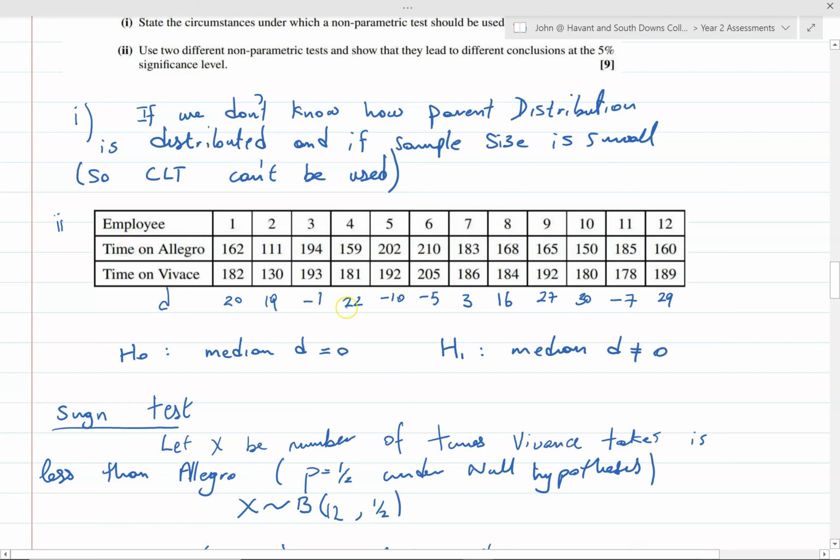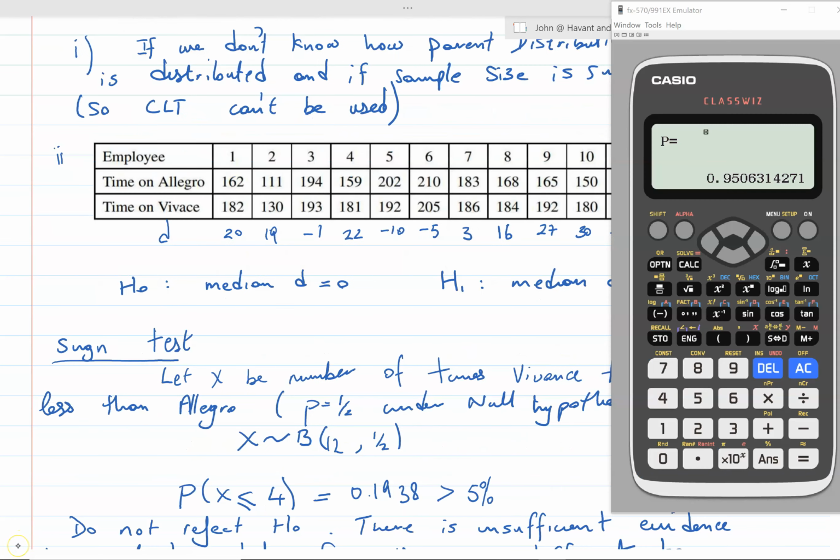Okay, and in this particular example, there are negative differences 1, 2, 3, 4 times. Okay, 4 times out of 12, the difference is negative. Again, I've used a calculator, the FX911EX. Remember, we want to find the probability of getting 4 or something even more extreme than 4, something that would be more surprising under the null hypothesis.